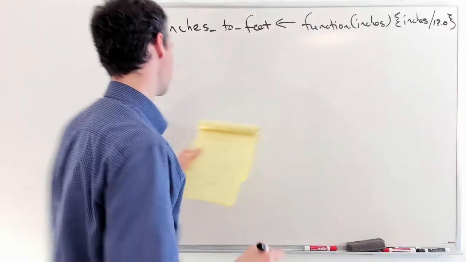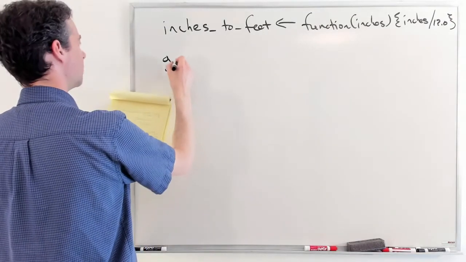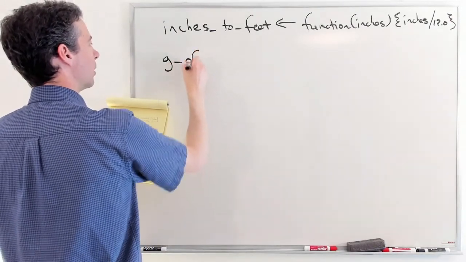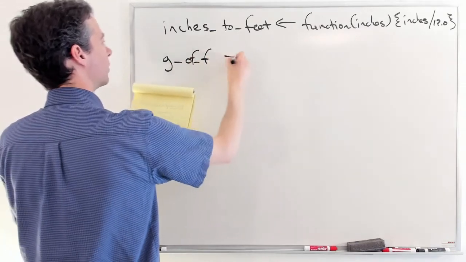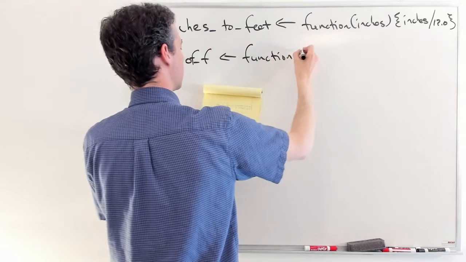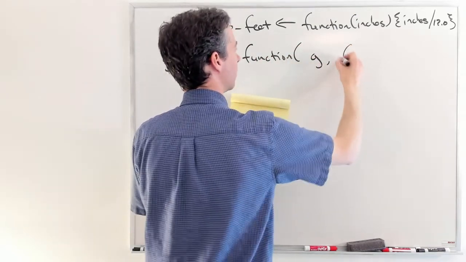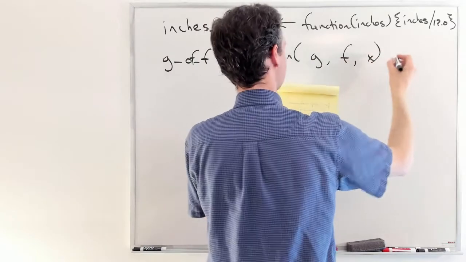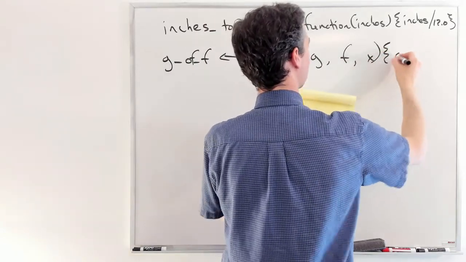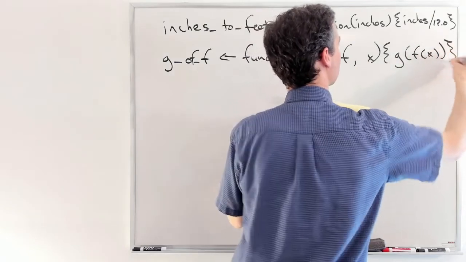All right, simple enough. Now we could write a method just for the fun of it, for example purposes. We could define gf, and we say this is a function of g, f, x, and then we go g of f of x.